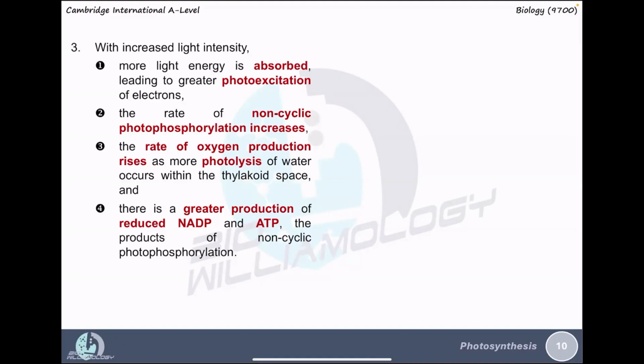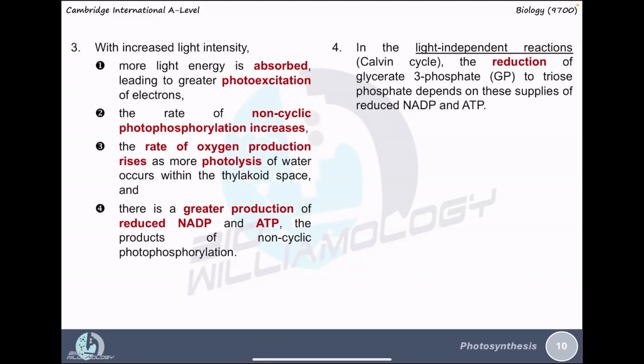If we want to link it to the Calvin cycle, then we have to talk about the production of reduced NADP as well as ATP, because both of them are needed to make sure that the Calvin cycle can be completed.